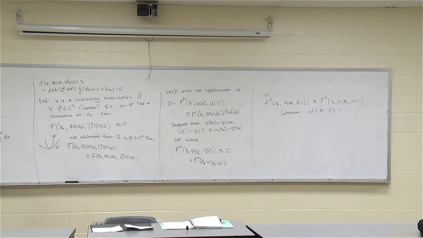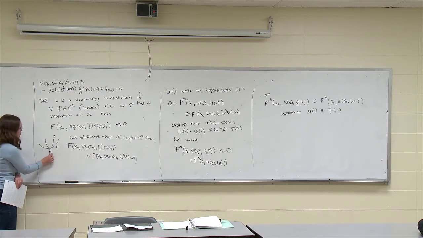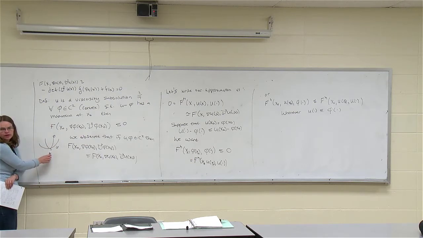So you're just replacing one entry with a phi? I'm just replacing one entry. What I'm assuming is that they're touching at this one point. Everywhere else they're different, so I can't replace them everywhere else. But here, u and phi are equal to each other.